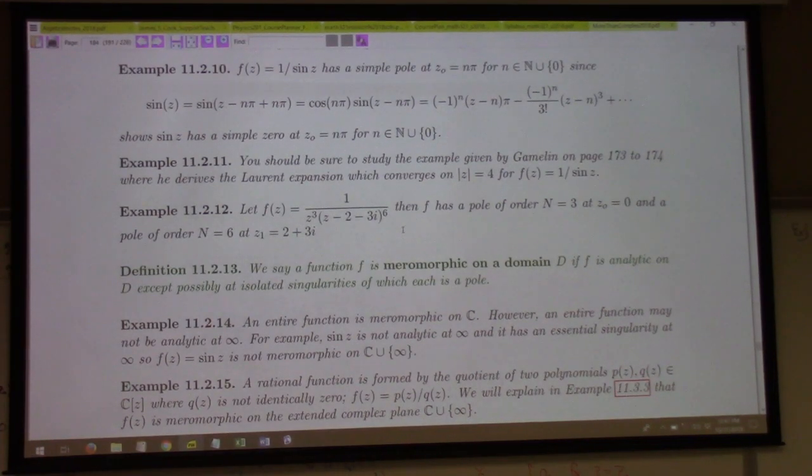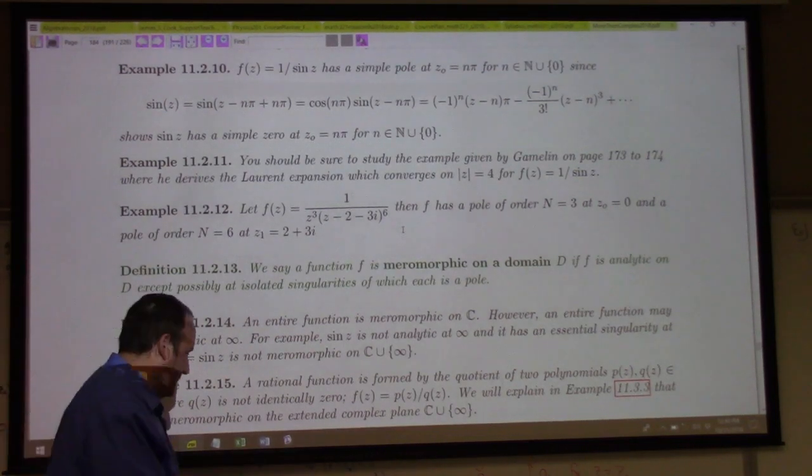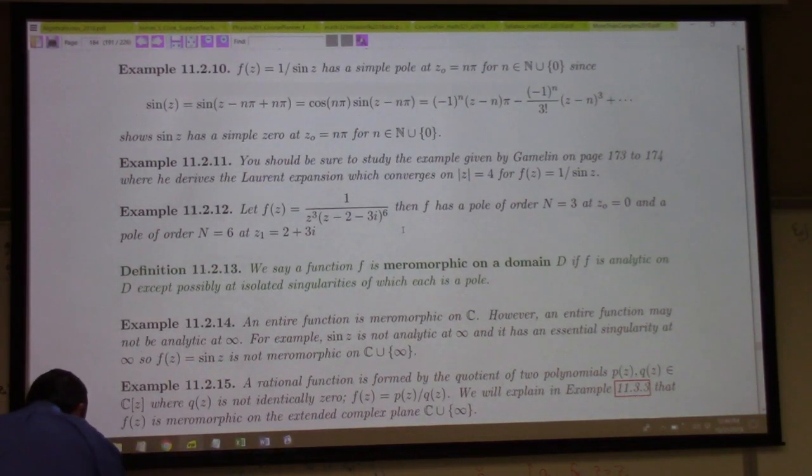It turns out rational functions are meromorphic on the extended complex plane. This is something we study in more depth going on, but essentially a rational function has the form p of z over q of z.